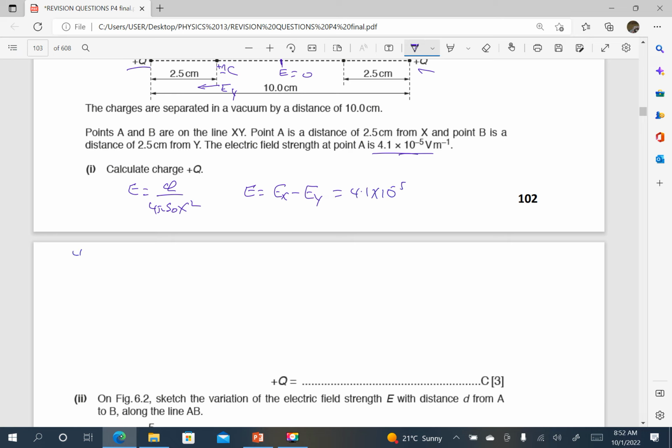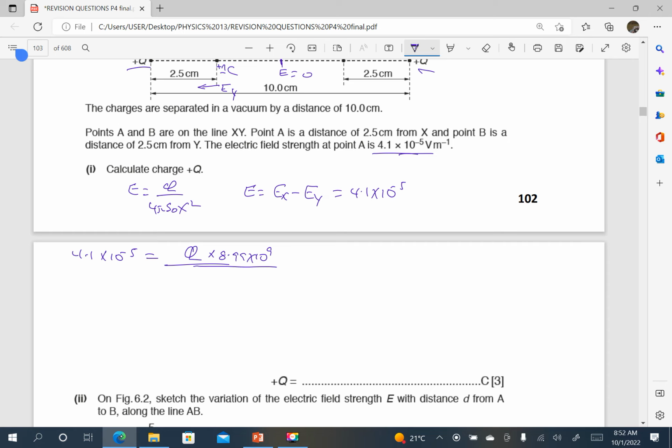So I'll simply say that 4.1 times 10 power negative 5 should be equal to the charge at X times 8.99 times 10 power 9. That is for 1 over 4 pi epsilon naught.